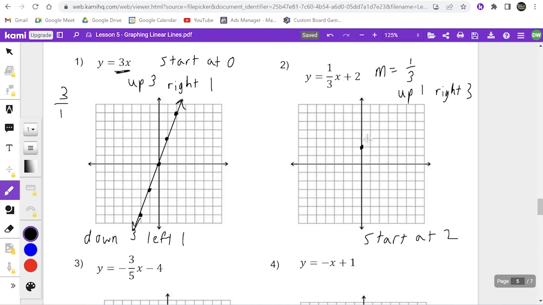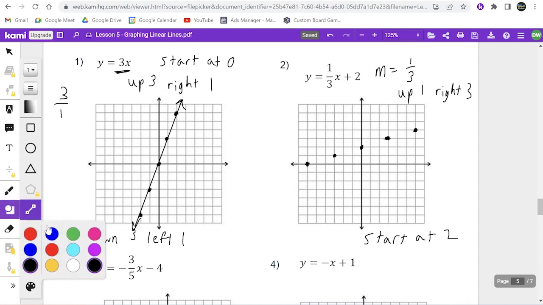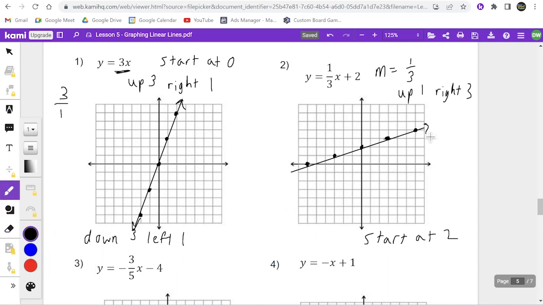So up 1, 3 to the right, we get that point right there. Up 1, 3 to the right, we get that point right there. And again, the same thing, but on the other side, it's got to be down 1, left 3. Right there. And then down 1, left 3 gets us right there. And I just got to connect this line again. Okay. So there's that one.